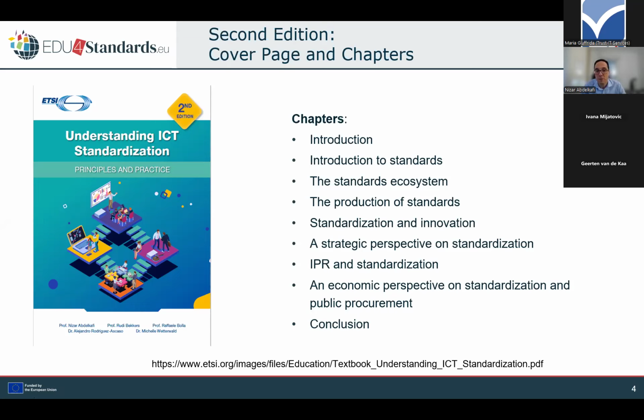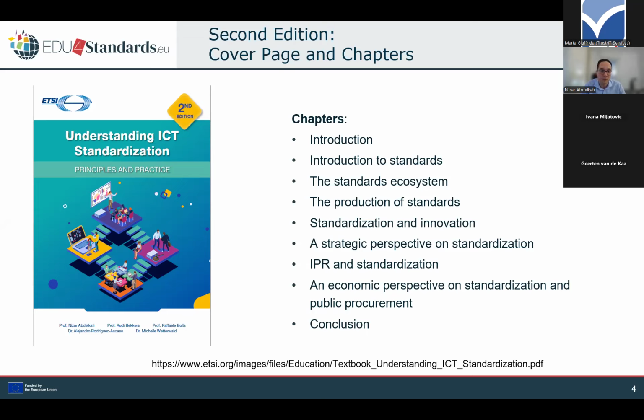We provide some ideas to students how they can search for standards, how they may read standards, how they are interpreting the title and the different codes we have for standards, etc. Then the standards ecosystems with the plethora of institutions that we have involved, etc. We also deal with the harmonized standards there.